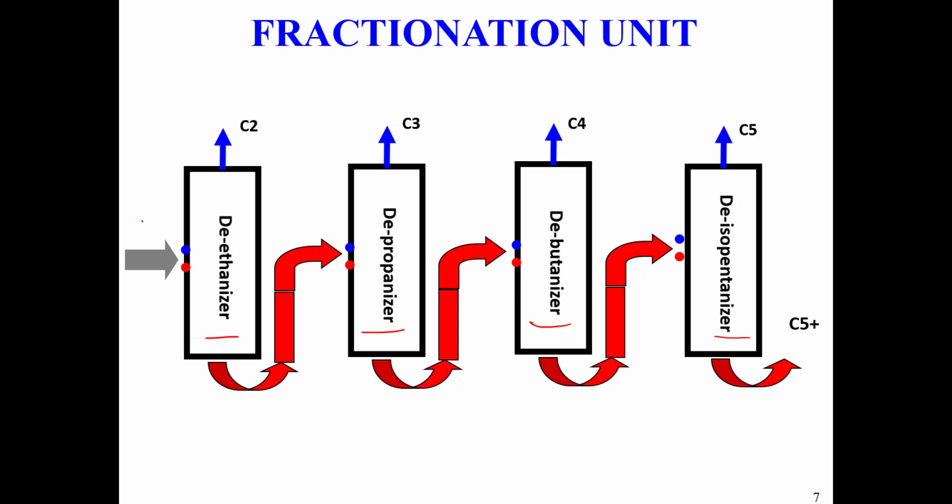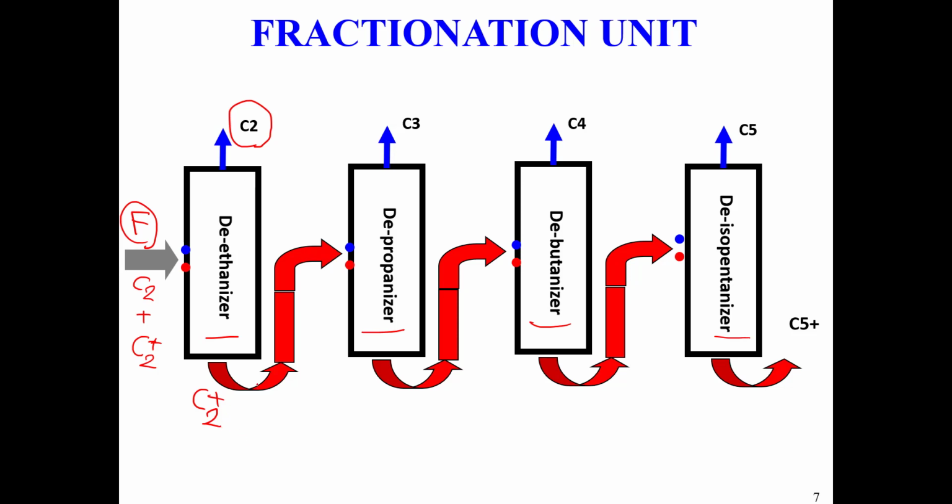So you have your mixture, your feed coming here, and the first column, the De-ethanizer, will separate ethane from anything heavier than ethane. Your mixture has ethane and many other compounds that are bigger or heavier than ethane. So this first column will separate C2 from anything heavier.